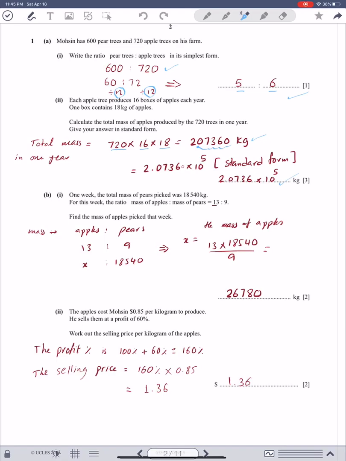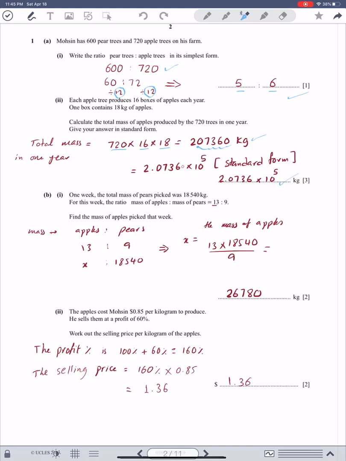Part B. In 1 week the total mass of pears picked was 18,540 kilograms. For this week, the ratio of mass of apples to mass of pears is 13 to 9. Find the mass of apples picked that week.